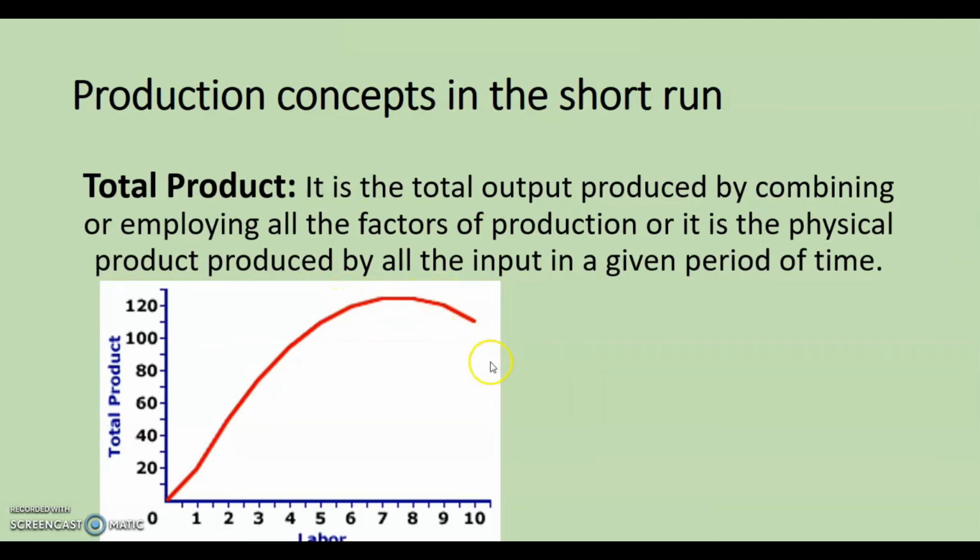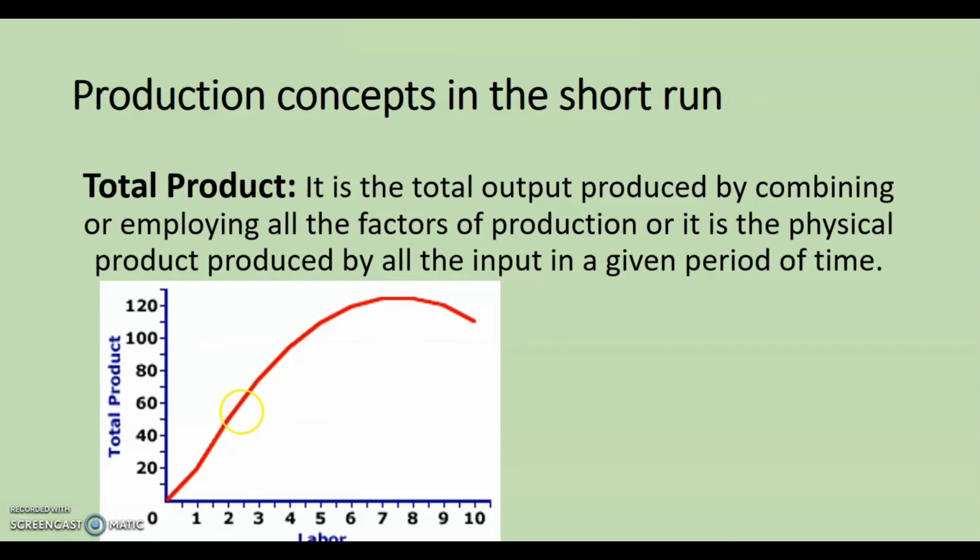Fall. So sometimes you can be asked to give characteristics of the total product. The first characteristic is that total product increases at an increasing rate. When we say total product increases at an increasing rate, it means that the productivity is increasing very fast. So the steep slope you see here is the total product increasing at an increasing rate.